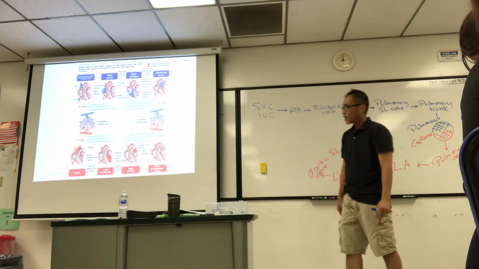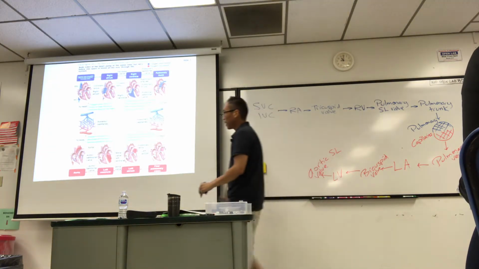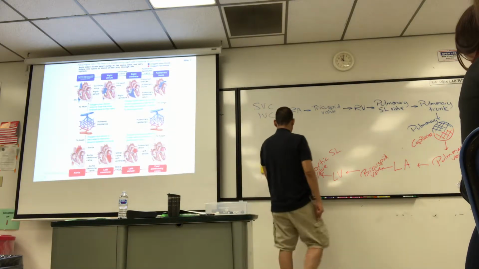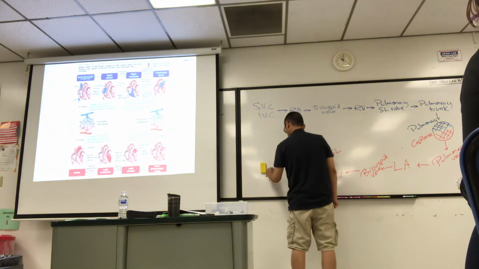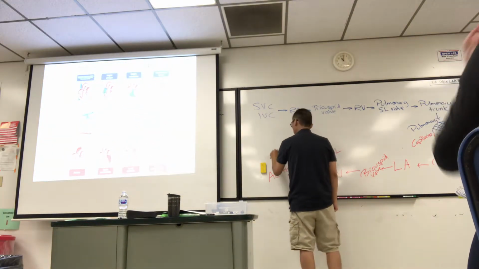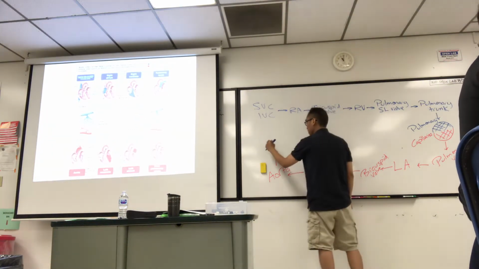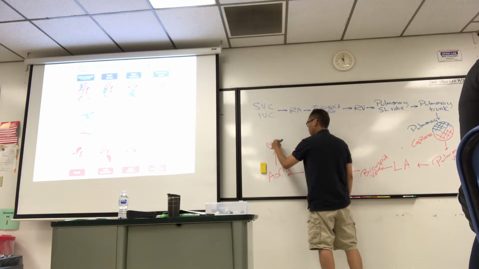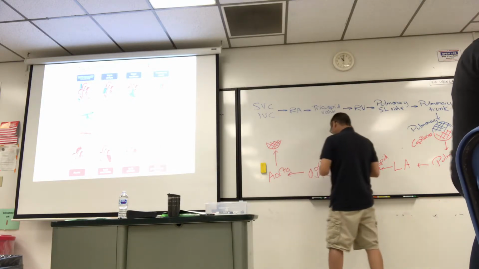And then from there, you're in the aorta. The arterial system will distribute blood to systemic capillaries, and I'll draw it half red, half blue, symbolizing you're dropping off oxygen.